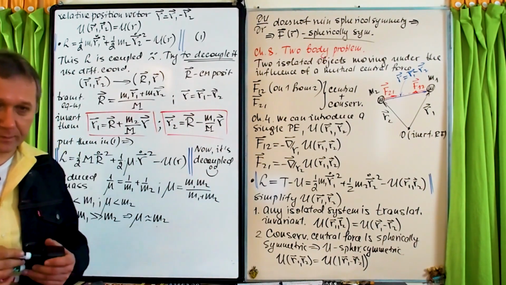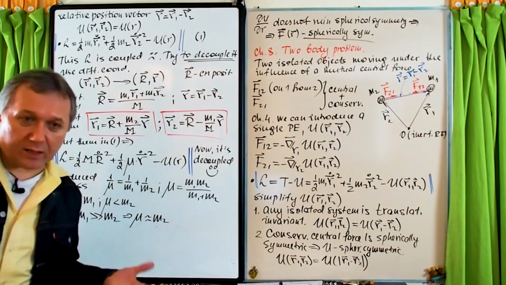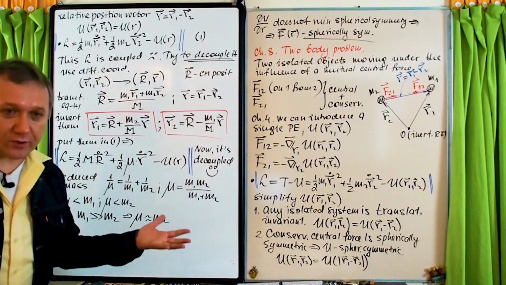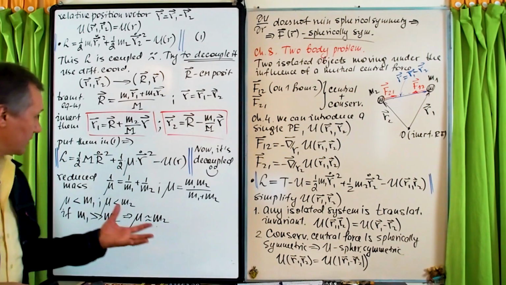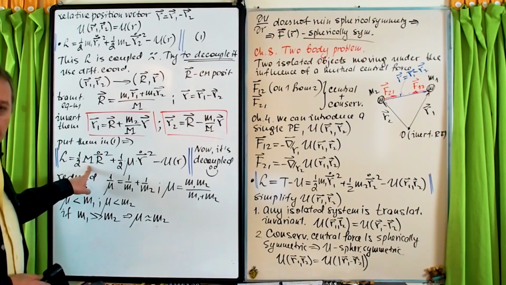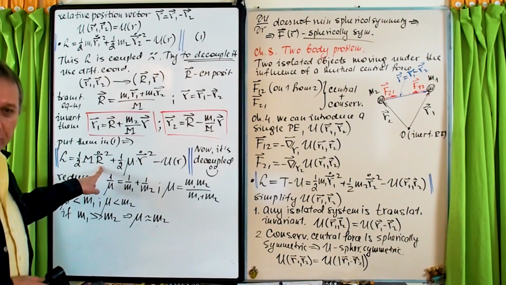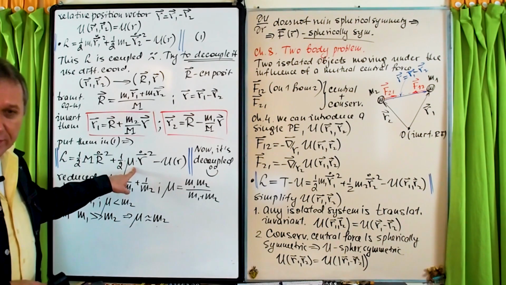That's what we wanted. And now also, look, effectively from the mathematical point of view, now it looks like a Lagrangian of two fake, or fictitious, particles: a particle with the total mass m, positioned at the center of mass and moving with the velocity of the center of mass, and a fake particle with the reduced mass.